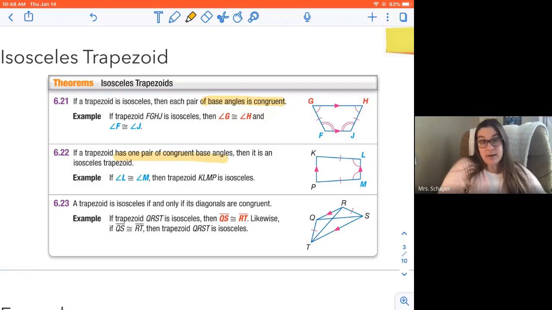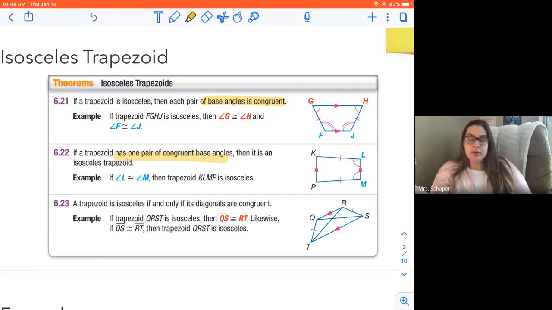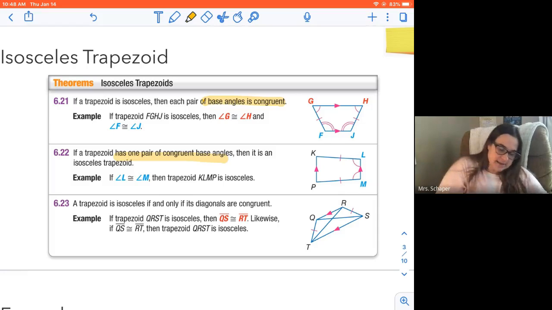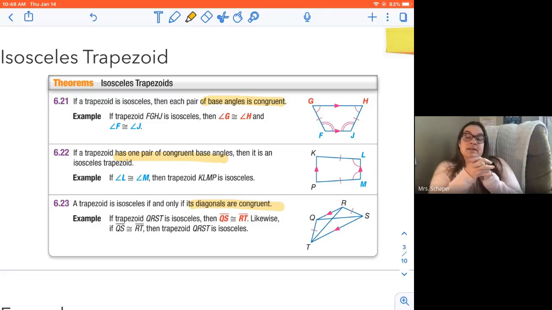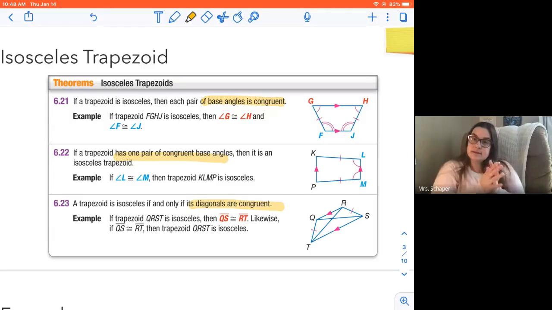If it is an isosceles trapezoid, then both pairs are going to be congruent, but you only have to know one to state that it is an isosceles trapezoid. And a trapezoid is isosceles if and only if its diagonals are congruent. So in an isosceles trapezoid, diagonals are congruent. In a trapezoid that is not isosceles, meaning the legs aren't the same length, then the diagonals are not congruent.